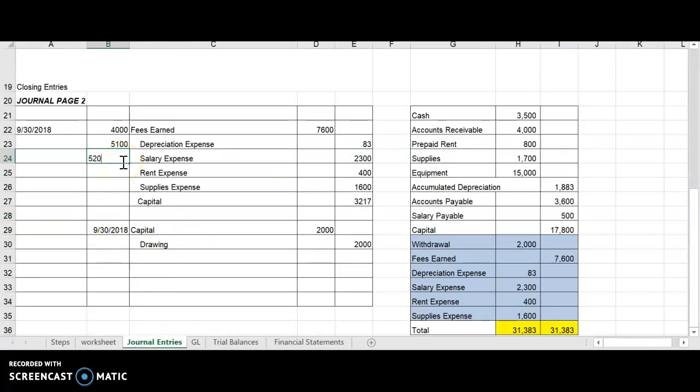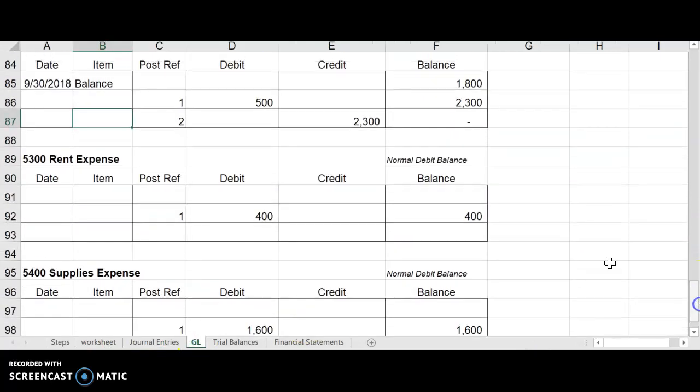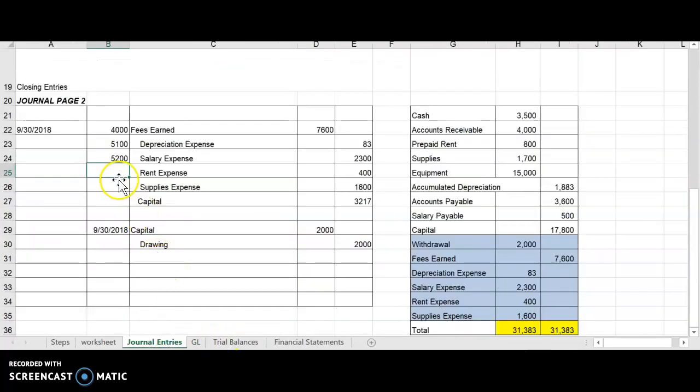The next one is rent expense, and it is a credit for 400. So credit it for 400, and our new balance is 0. This came from journal entry page 2, and it's going to account 5,300.